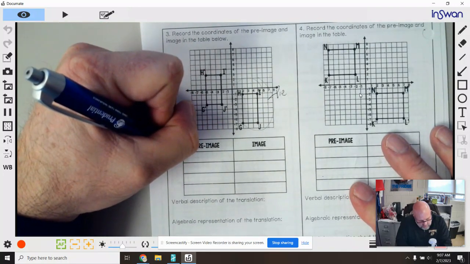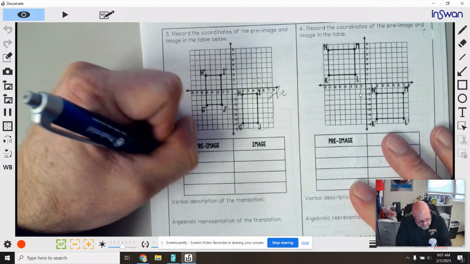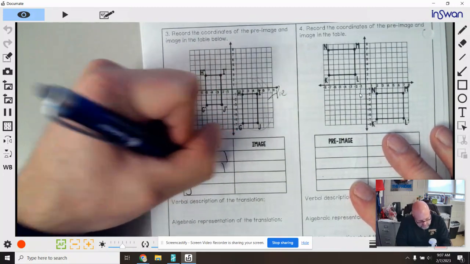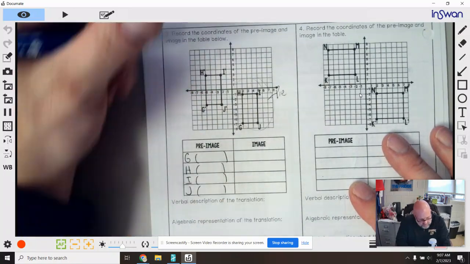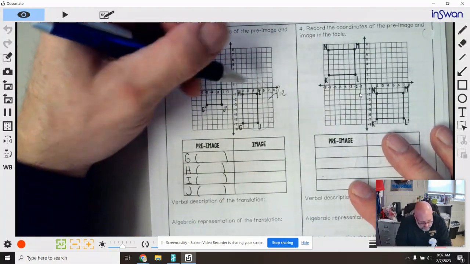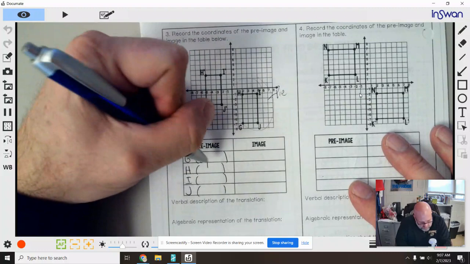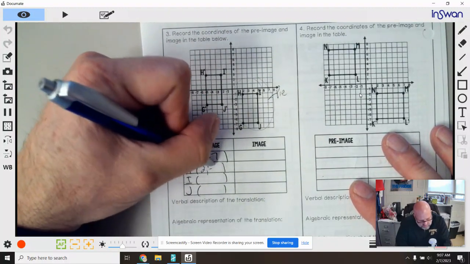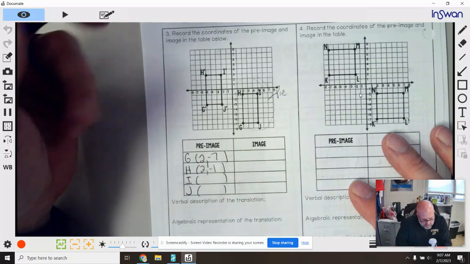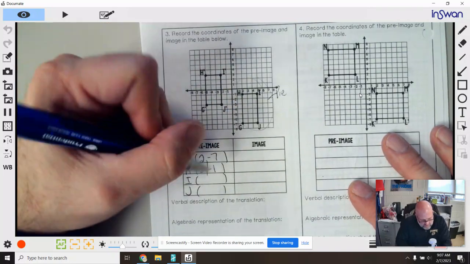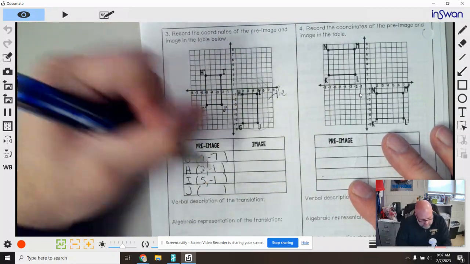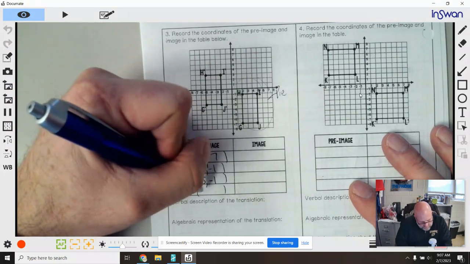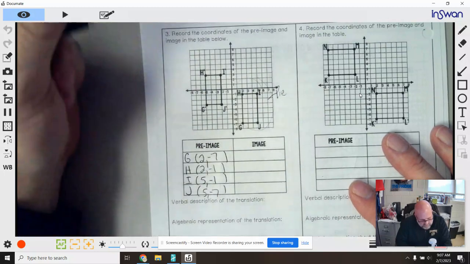I'm just going to go in alphabetical order: G, H, I, and J. Okay, let's go ahead and write down those points. So G is at 2, -7. H is at 2, -1. I is at 5, -1, and J is at 5, -7.